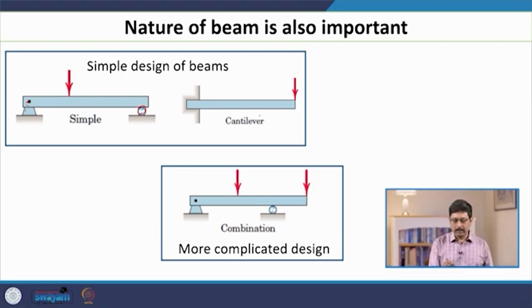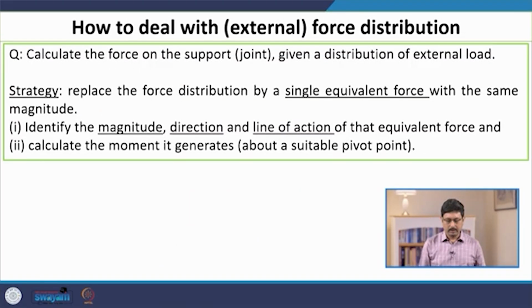This beam is called a cantilever. It is supported at one end and the other part is hanging in the air. And then you can have more complicated ones, and this red arrow is again showing the external load. Again you can have a combination of them and have more important designs.